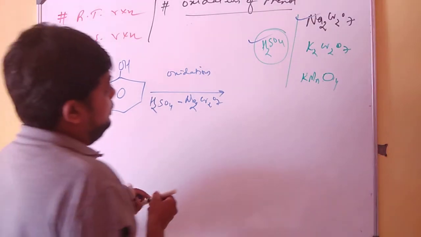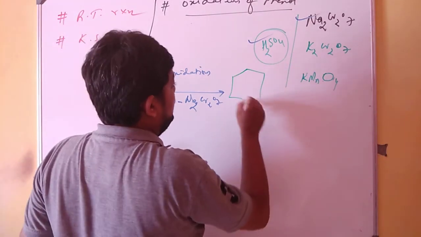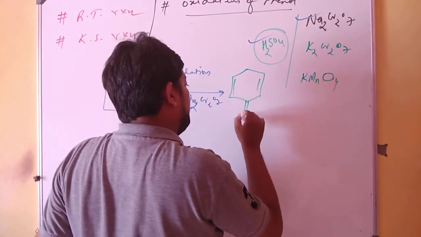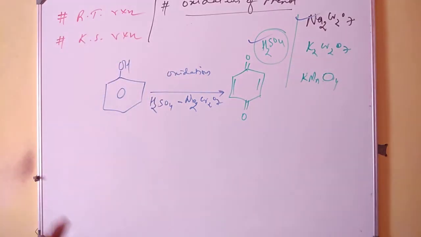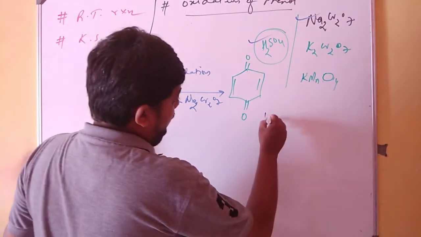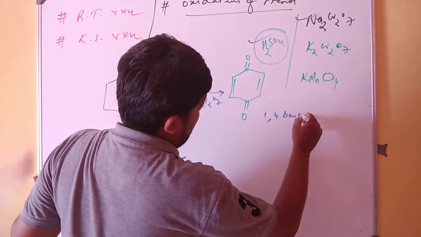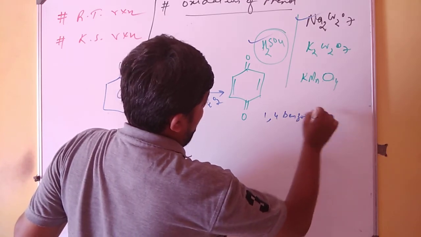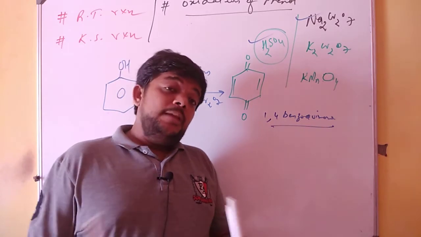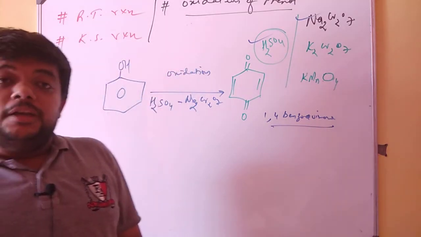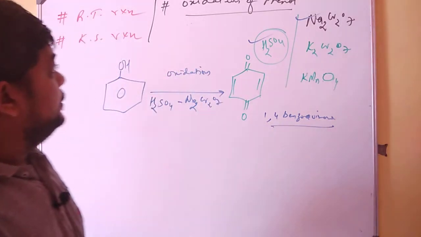It ends up with a very unique, very popular product which is very rarely observed from our textbook or reference book, that is 1,4-benzoquinone. So 1,4-benzoquinone is a very popular product that is obtained from phenol via oxidation process.